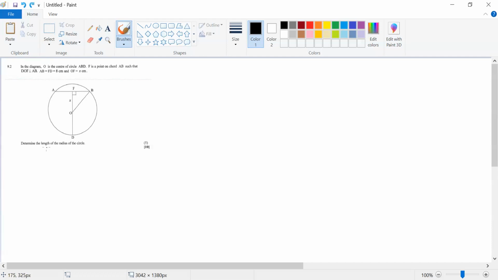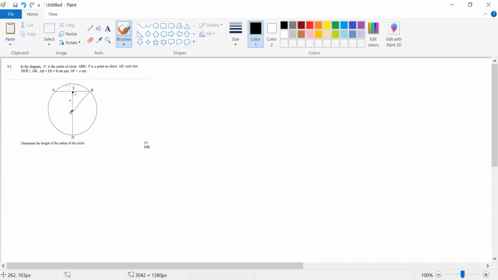And as we can see, we need to determine the length of the radius. And to determine the length, most likely we're going to be using the theorem of Pythagoras. So let's see how we can go about solving this question. On my question itself, I can see that I have a line from center touching this chord at 90 degrees.